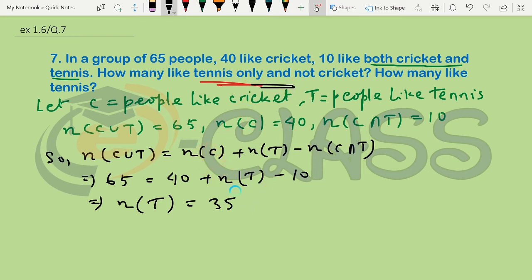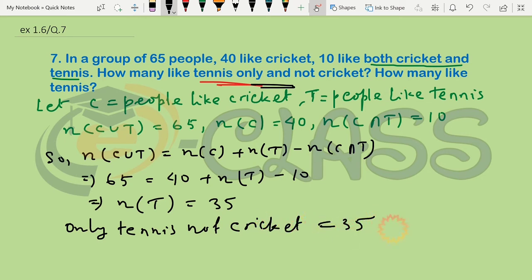Only tennis, not cricket, equals 35. Now, how many like tennis?